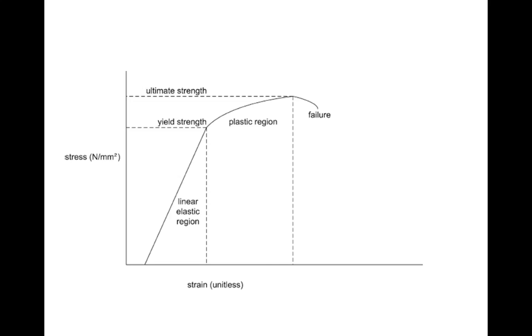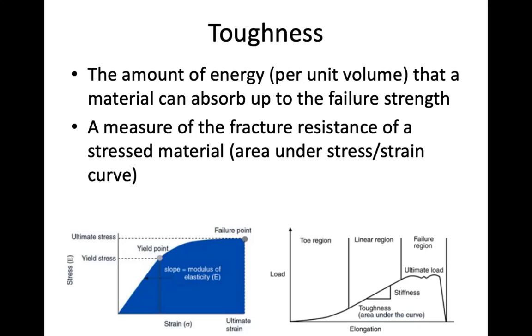In general, as you increase the stress on a material, the strain will increase. After a toe region, there's a linear elastic region, the slope of which is the elastic modulus. You hit a yield strength, at which point the material stops behaving elastically and starts plastic deformation. Eventually, you reach an ultimate strength, and finally failure after.